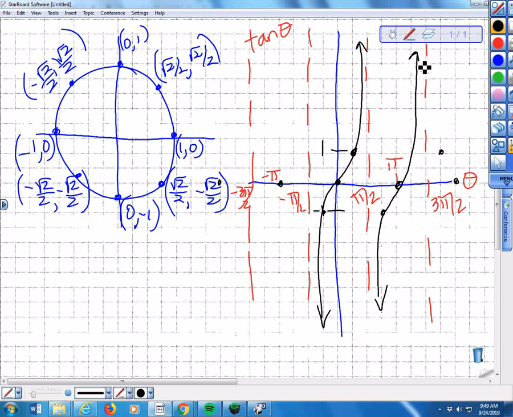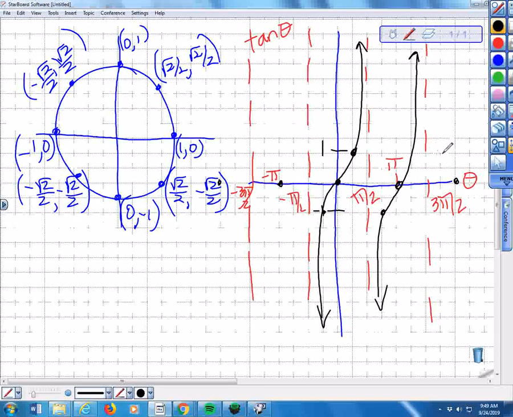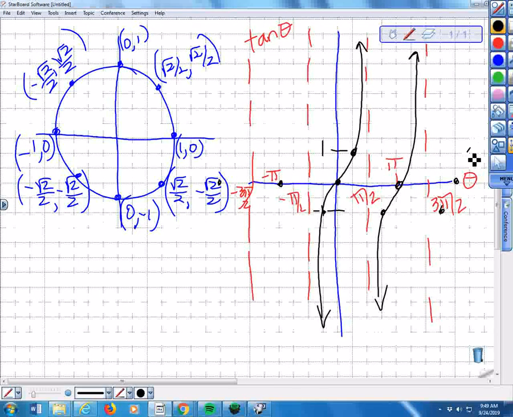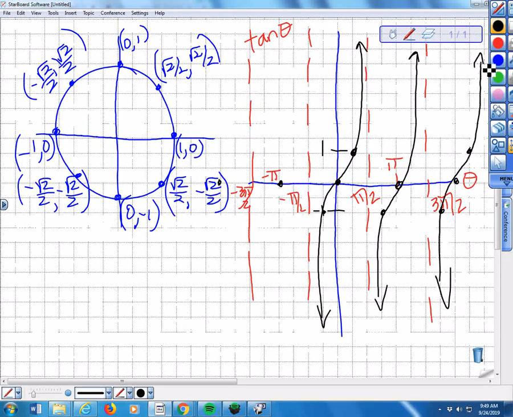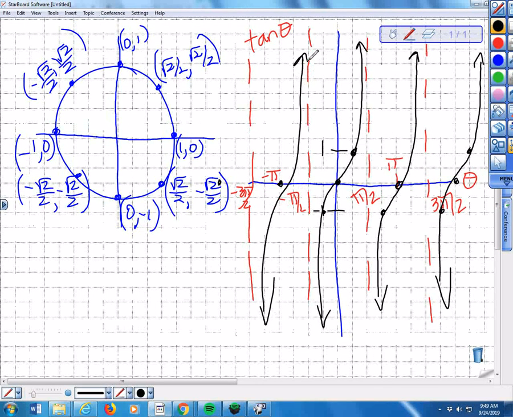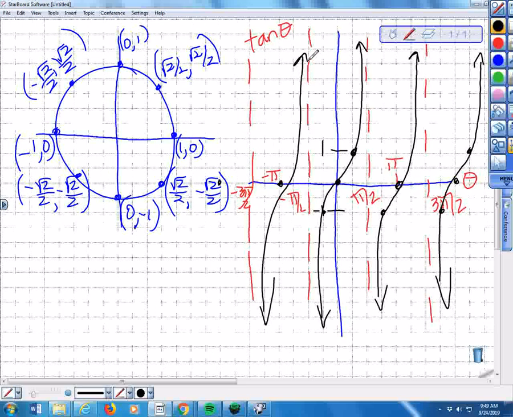It's going to be down here, and up here. And you can see the next asymptote, and it's just going to continue with that general shape forever. That's tangent.